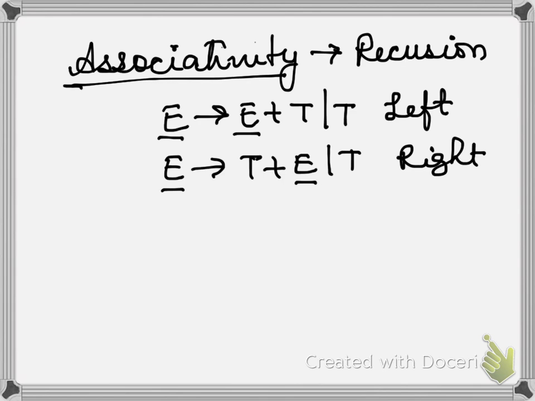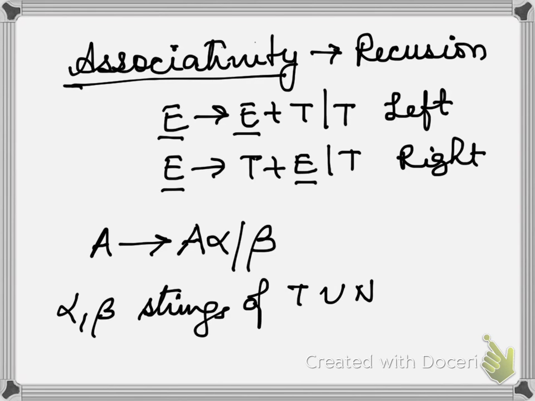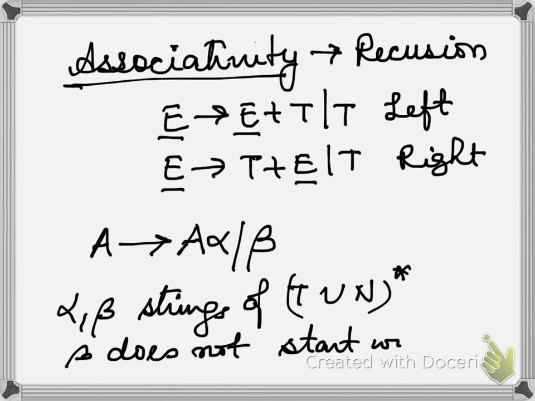Now, a recursive production is of this format: A derives A alpha or beta, where alpha and beta are strings of terminals and non-terminals, and beta does not start with A. Then we say that this production is a left recursive production.